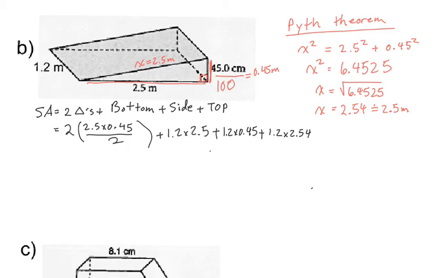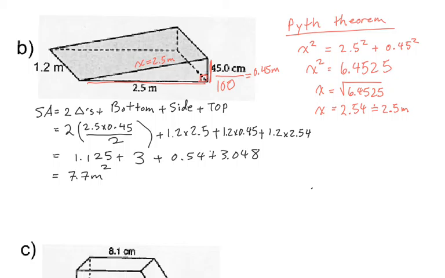So we'll keep as much decimals as we can for this first part here, and we're going to get 1.125, plus, calculating this portion here will give us 3, plus this portion here, 1.2 times 0.45 will give us 0.54, plus the last portion here, 1.2 times 2.54, to give us 3.048, which will give us a total of 7.7 meters squared for the surface area.